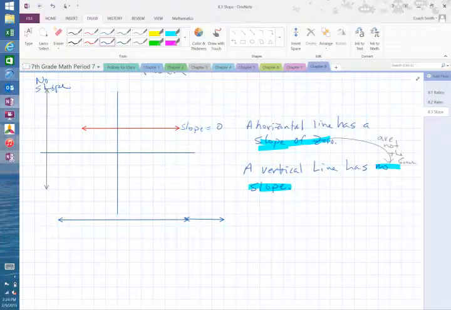Now, it's a very small slope, so that may be like 1 over 20, because it only moves one box for every 20 that it goes this way. And the smaller the fraction, the less of the tilt of the line.